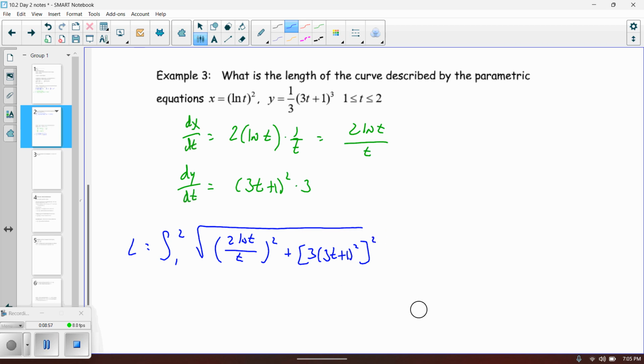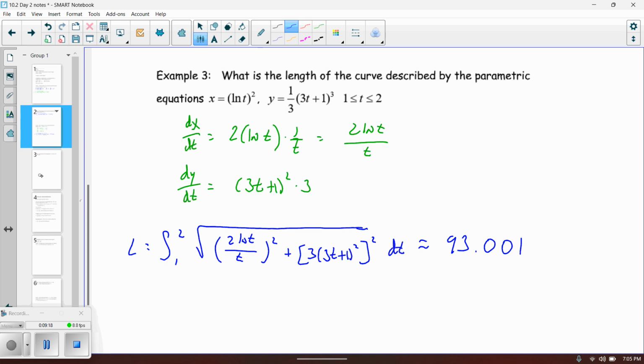Don't leave the 3 out of the parentheses. dt. Then again, plugging this into your calculator, you get 93.001. Very close to 93. All right, that's example number 3.